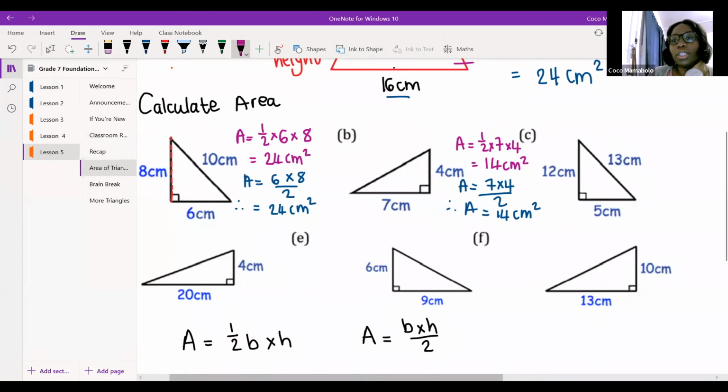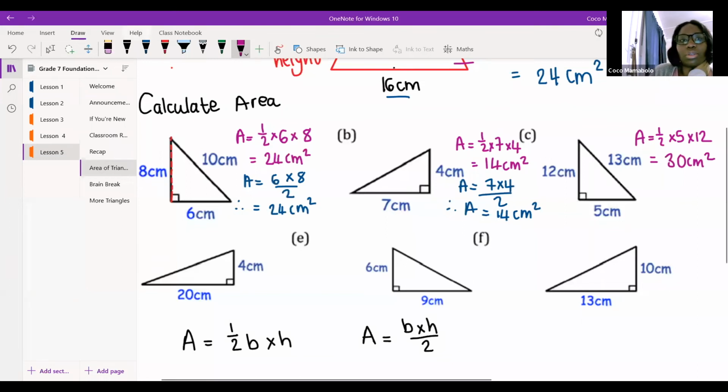Okay, cool. And over here, area is equal to half of 5 times 12, which is equal to 30 centimeters squared. And the area is equal to 5 times 12 divided by 2, which is equal to 30 centimeters squared.